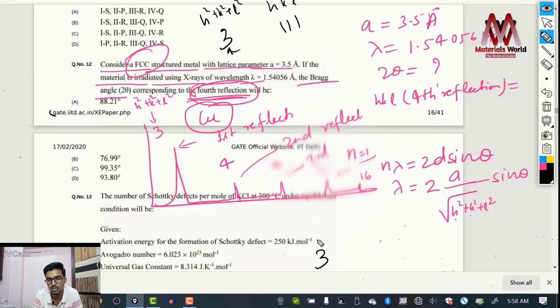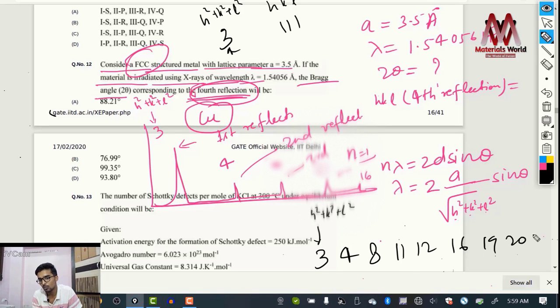If you remember 3, this is the h square plus k square plus l square value of the first reflection. Okay, so you have to add 1, 4, 3: you add 1, then you add 4, then you add 3, then again 1, 4, 3, again 1, 4, 3. Similarly you can go further also.